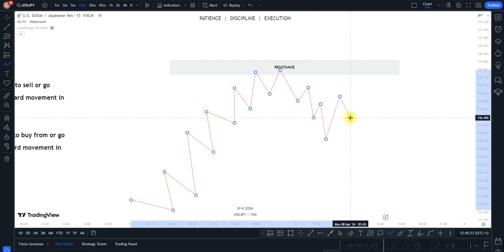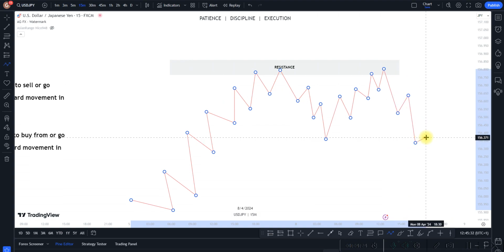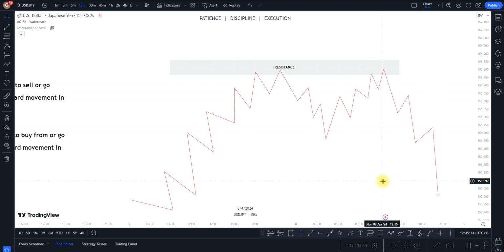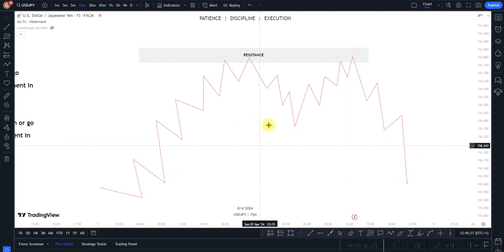The market might then come back to that zone again and still sell. Then we'll continue seeing sells in this format. If you look at this particular zone, we can see a touch here, a touch here, a touch here, and a touch here. It means this particular zone in the market can be regarded as a resistance zone.